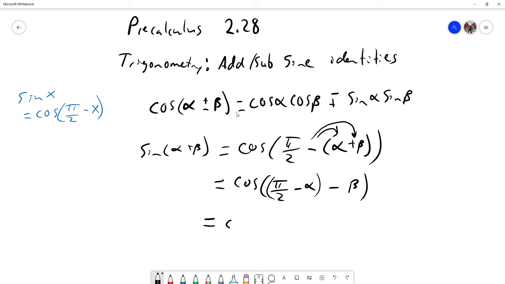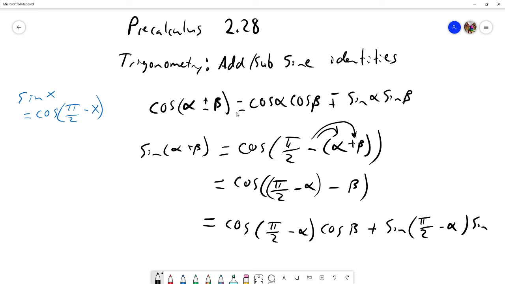So this is the same thing as cosine of pi over 2 minus alpha, cosine of beta, plus sine of pi over 2 minus alpha times sine of beta. All right.